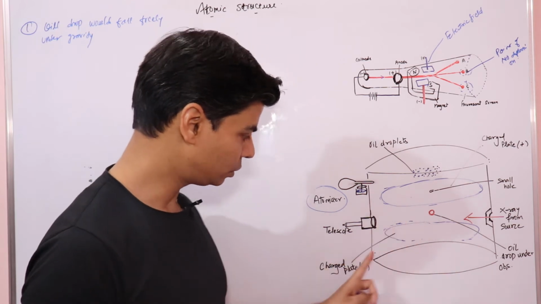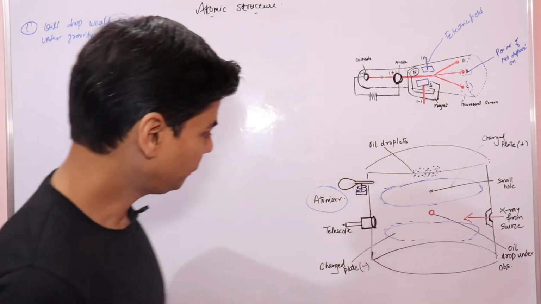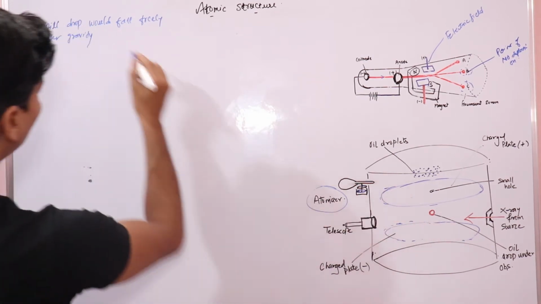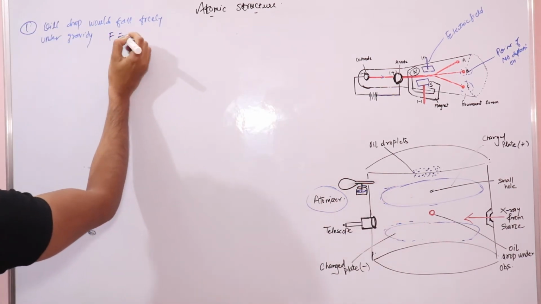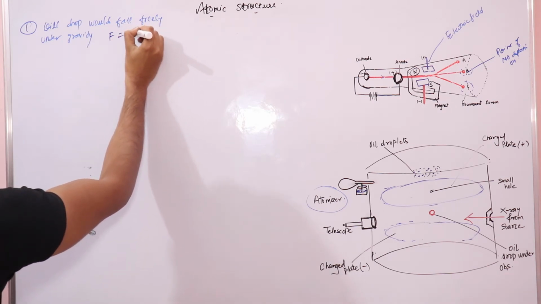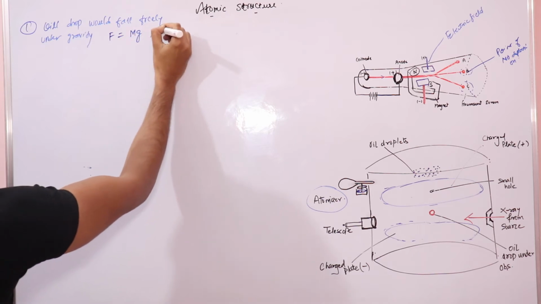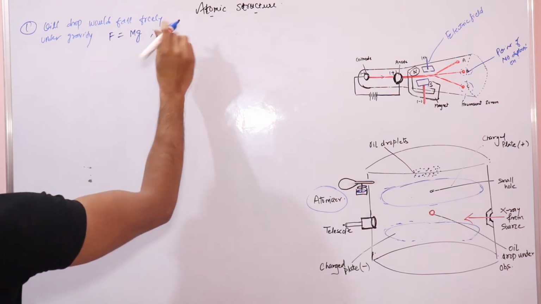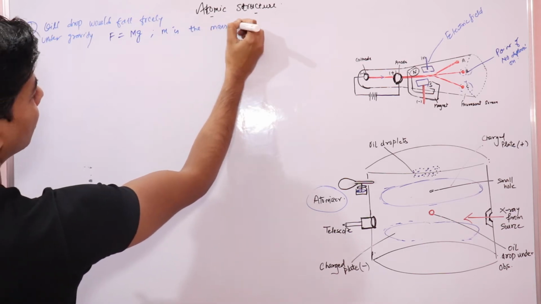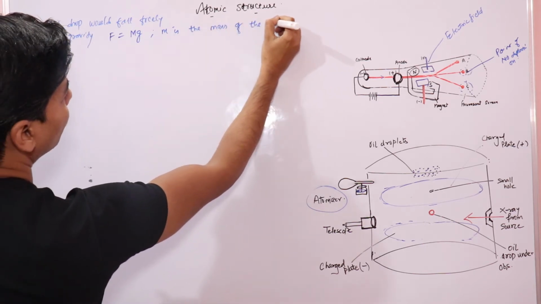We are observing this oil droplet using this telescope. So the force that is exerted due to gravity on this oil droplet would be force equals mg, where m is the mass of the oil droplet.